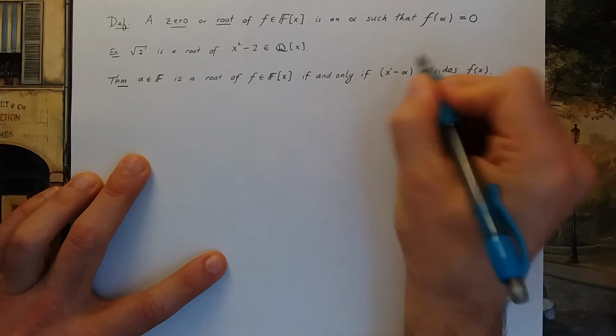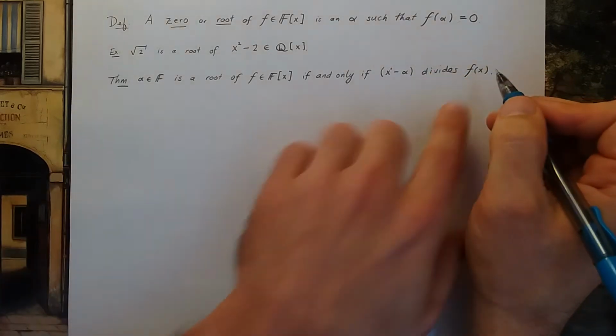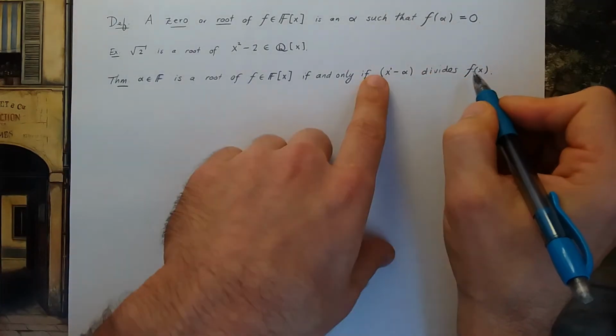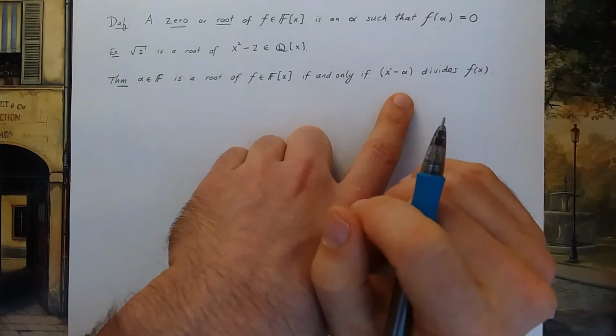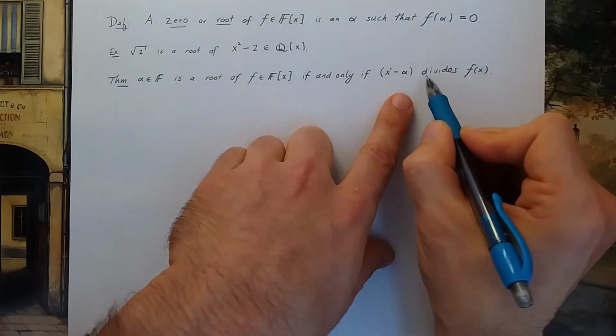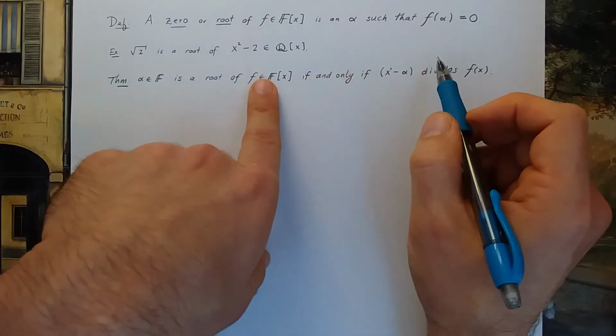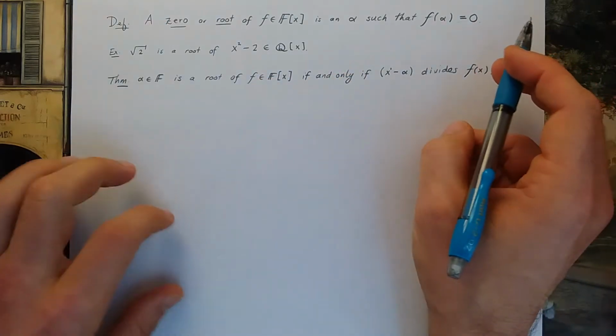Now, what does divides mean? It means when you do division with this as my f and this is my g, I get remainder 0. So I'm defining divides in polynomials to be remainder 0.